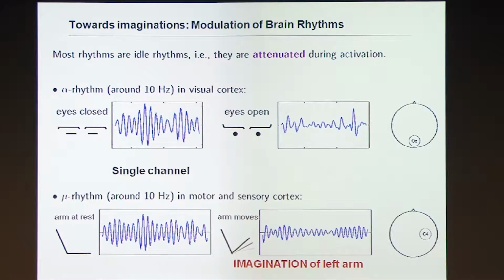And the interesting thing is that this rhythm is also suppressed if we imagine, say, the left hand, not move it, but just imagine pulling this string, then also a rhythm on the right motor cortex is suppressed. Same if we are imagining right movements, then on the left motor cortex the rhythm is suppressed.